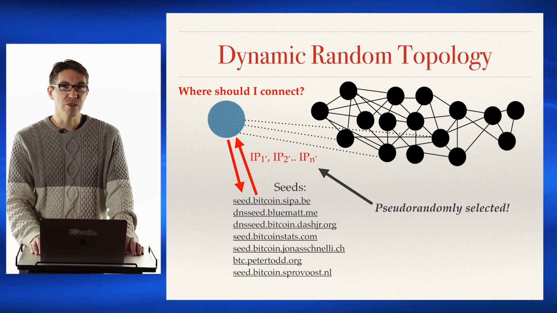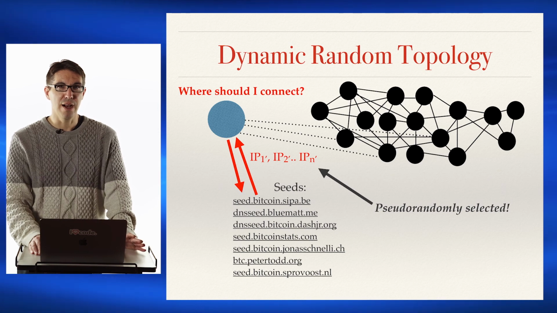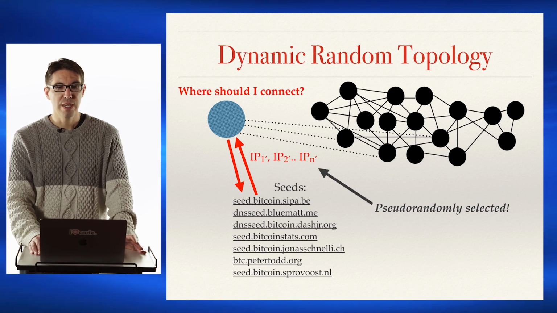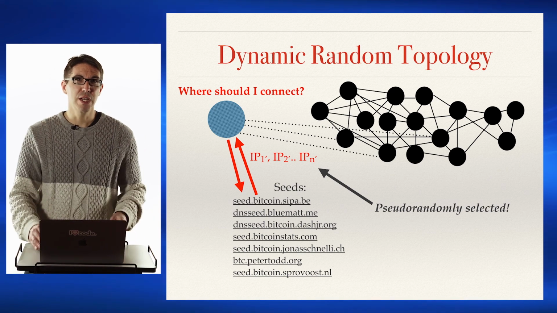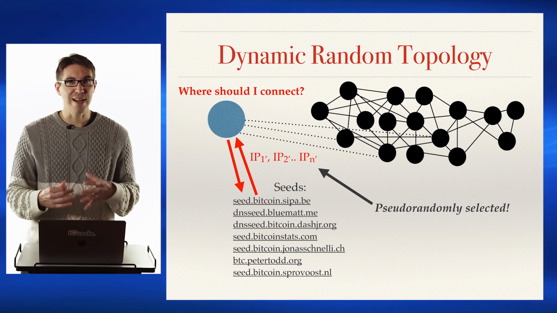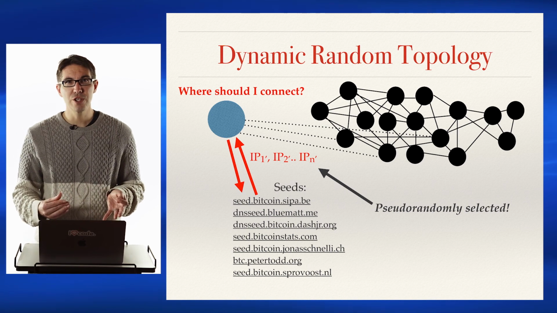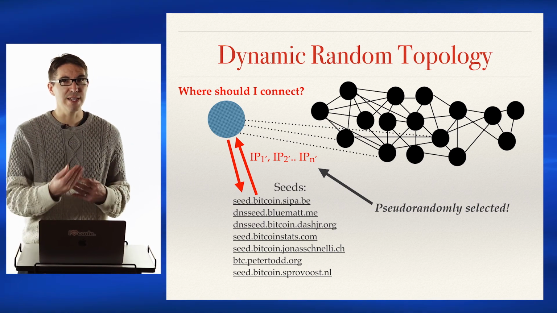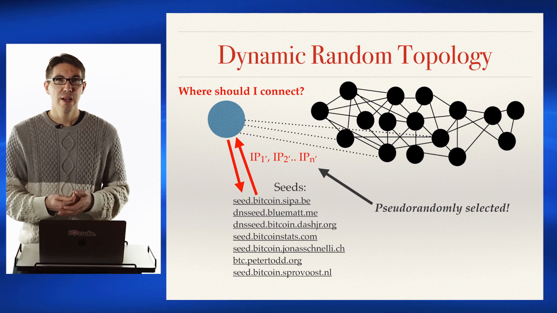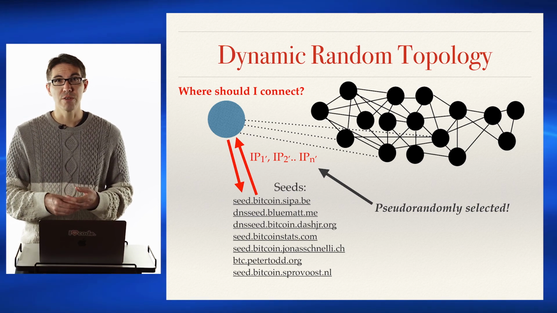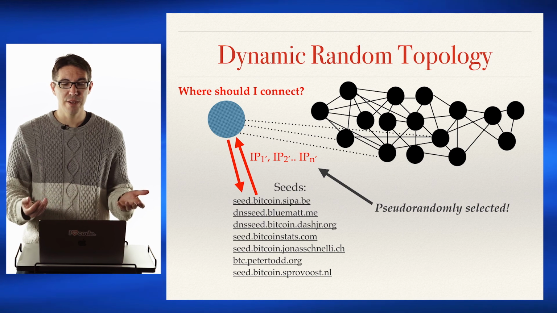These seeds are pseudo-randomly selected, so you'll pick different nodes to connect to each time that you try to do so. The topology of the Bitcoin network is dynamic and random. It's always changing as Bitcoin nodes attached to the network go offline, come back online, or have other problems like network connectivity issues.